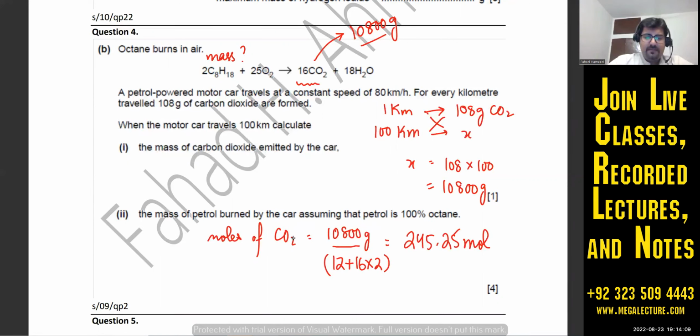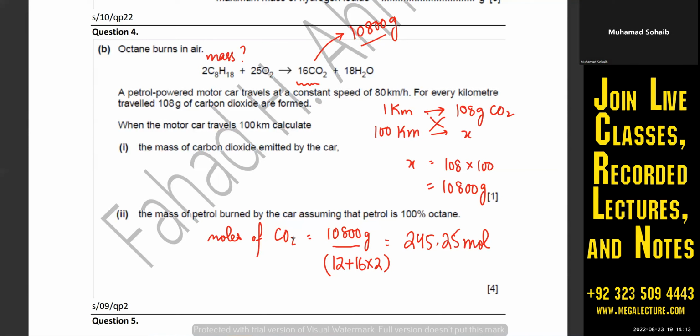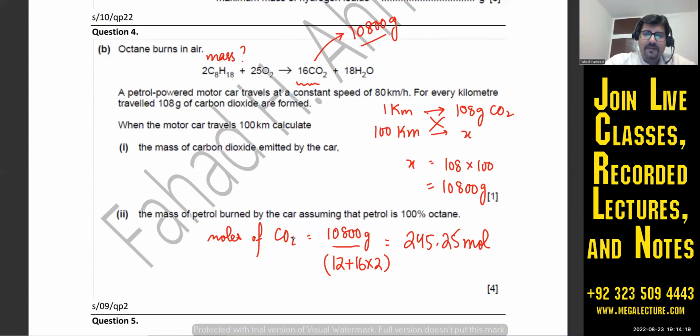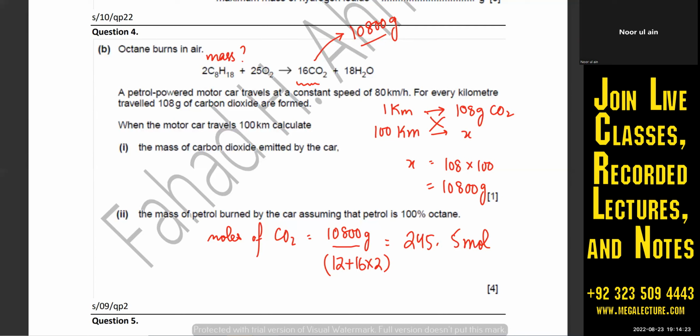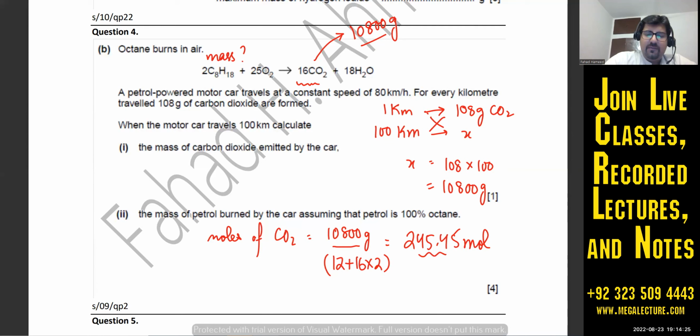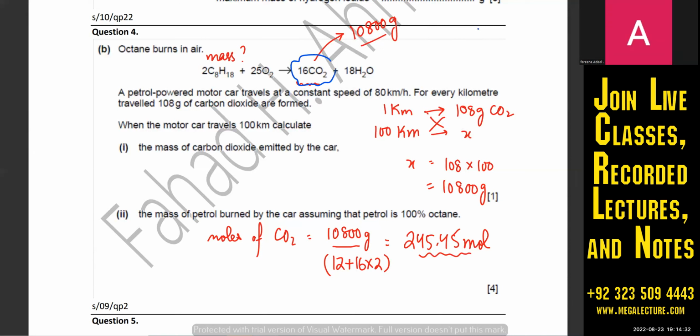Is this fine? Can somebody double check? Yes, it's correct. No, wait. 4, 5. Not 2, 5. 4, 5. So it's 4-5 moles. So I figured out the moles of carbon dioxide.